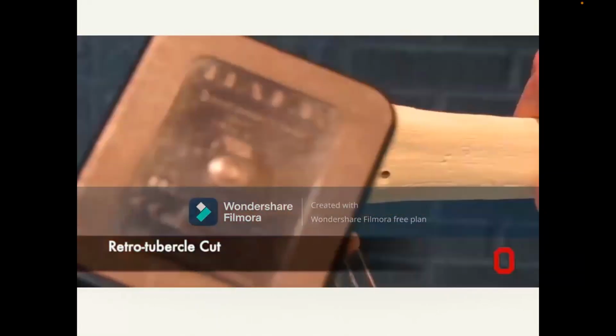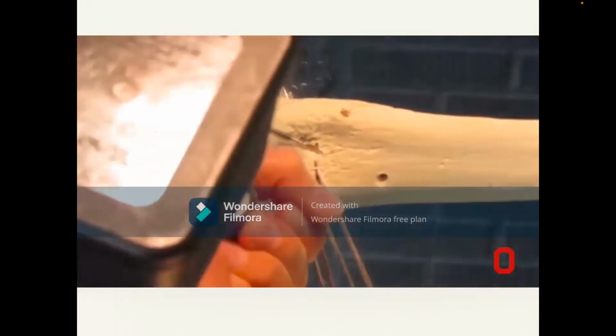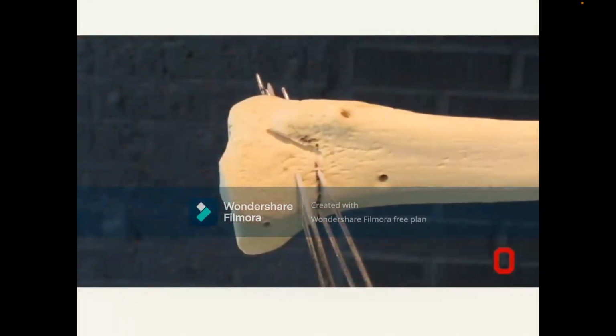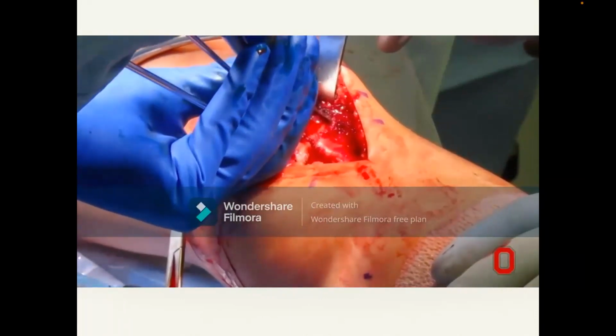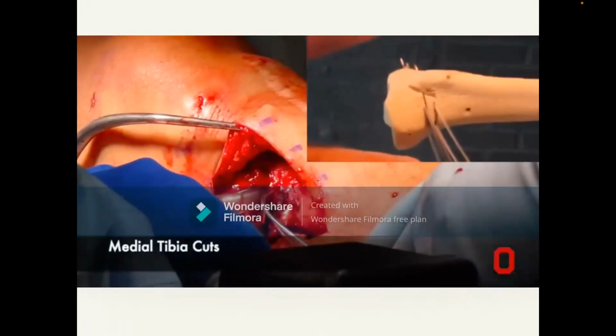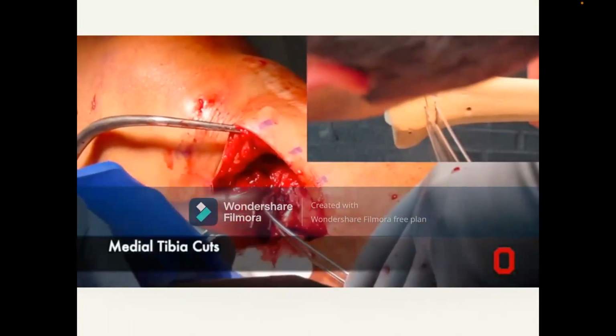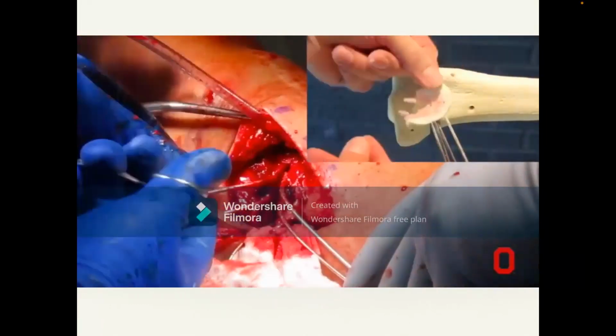Since it is a closing wedge, biplanar osteotomy, the cut is done for the biplanar. Using an oscillating saw, the wedge is now taken off.